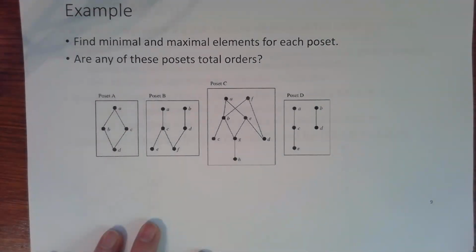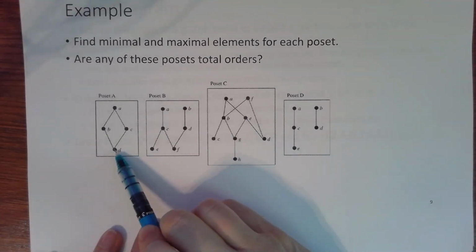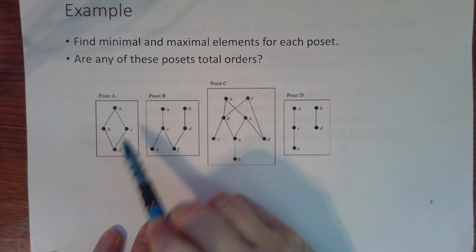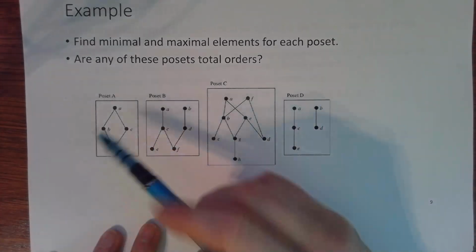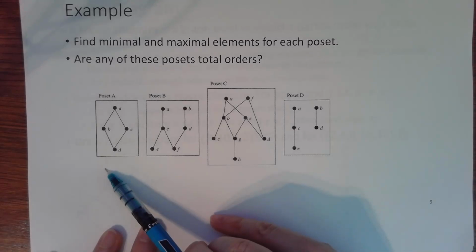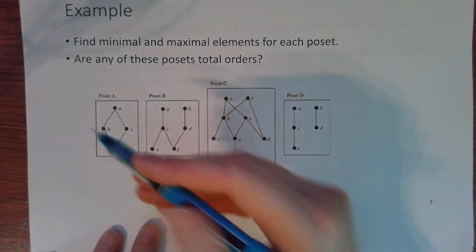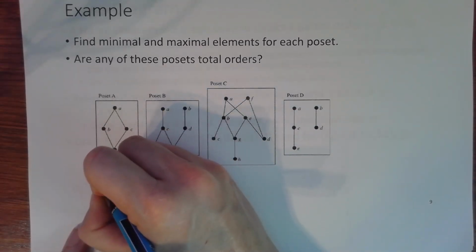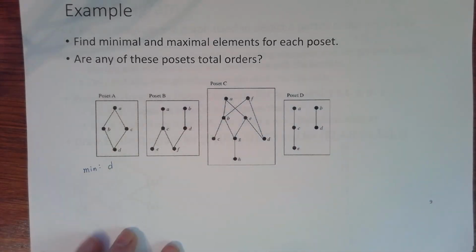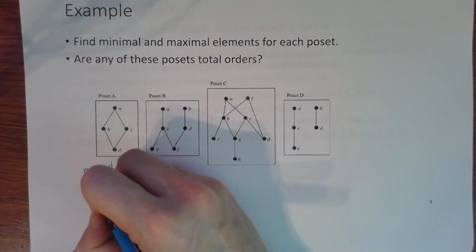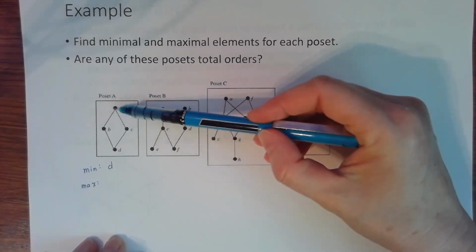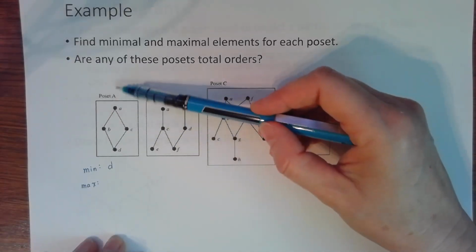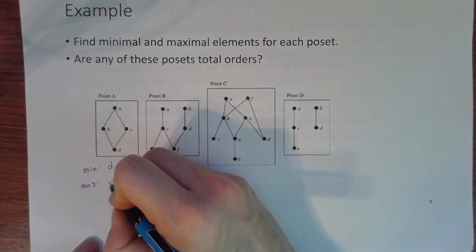Okay, so for A, at the lowest level down here, we've got D. Nothing's below D. There are no edges coming from a lower level into D. And so the minimal element here is D. And then for a maximal element or elements, up here we've got A, where we've got things from lower levels coming in, but it's not going out to any higher level. So the maximal element is A.